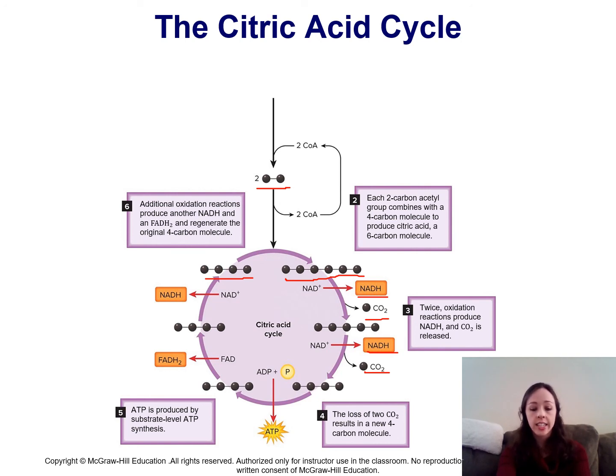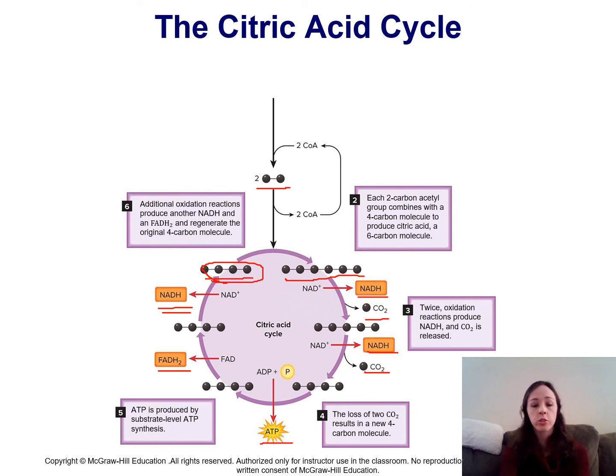And ATP will then be produced through substrate level ATP synthesis. Our 4-carbon molecule will undergo a redox reaction 2 more times, producing one more FADH2 and then 1 more NADH. We are then left with our original 4-carbon molecule, so that the entire process can happen again.